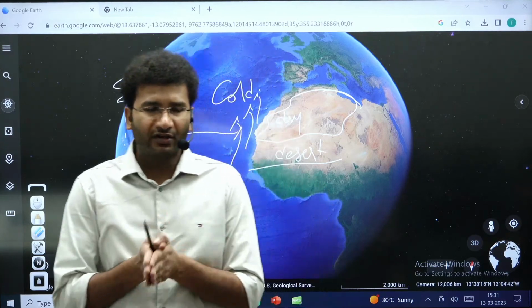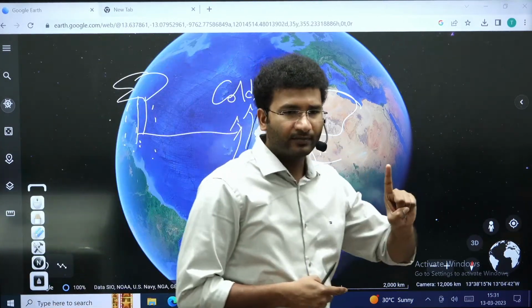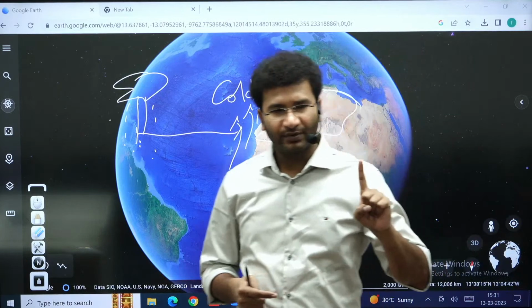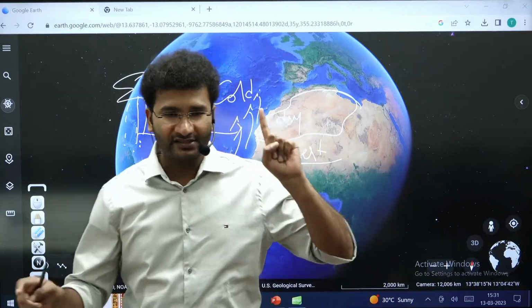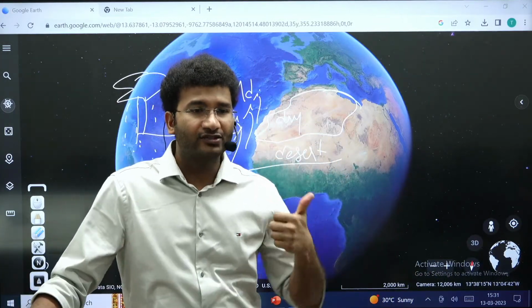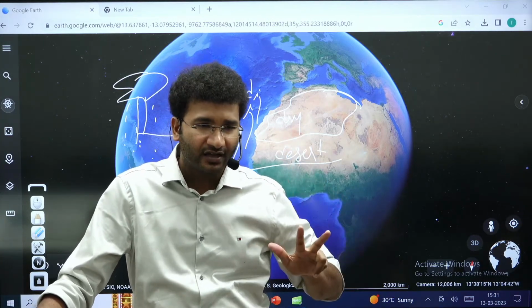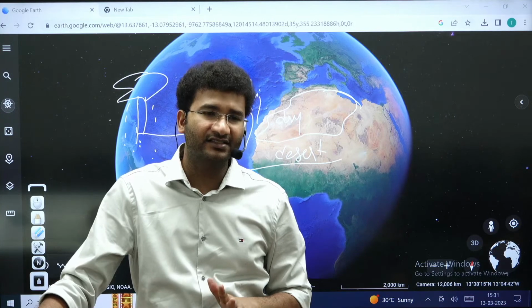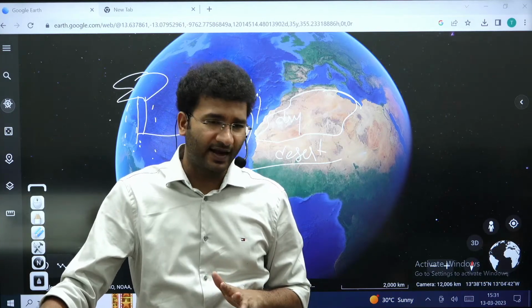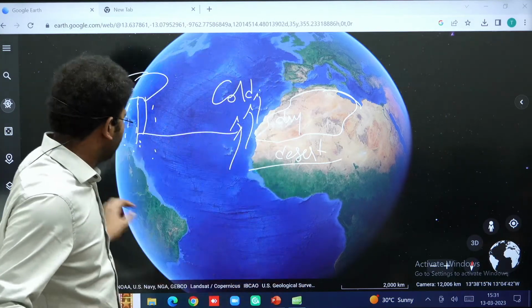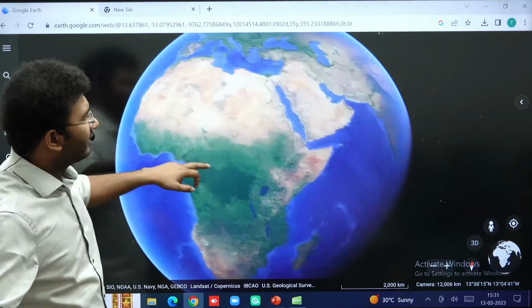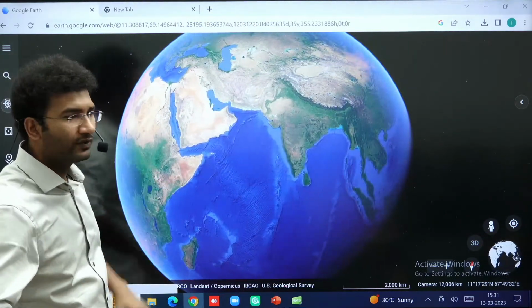Today you got to learn that temperature plays a vital role in the ocean water temperature, and in that particularly it is influenced by winds, it is also influenced by latitude, it is also influenced by ocean currents, and the last factor is unequal distribution of land and ocean. So in the last class we have clearly discussed this unequal distribution of land and ocean.